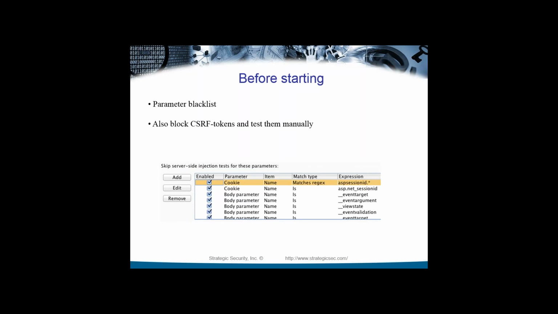You're going to run into things like cross-site request forgery tokens. Things that you're going to have to test manually. Sometimes you're going to run into components on a website, like CAPTCHA, that an automated scanner just really doesn't deal with very well, so you're going to need a way to deal with that.